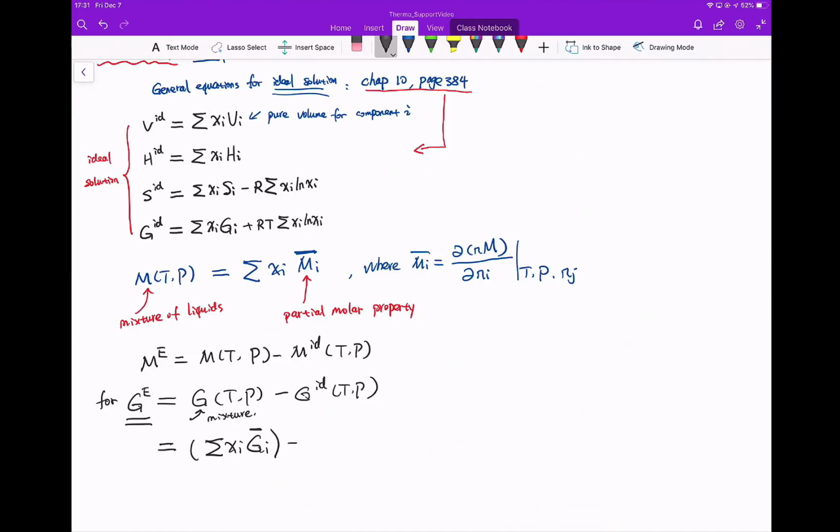The second term I have over here is xi gi plus RT summation xi log xi.